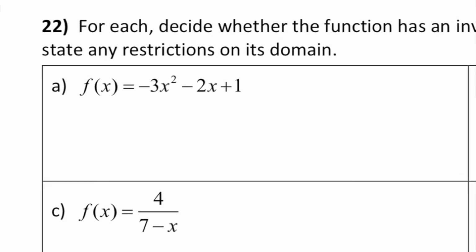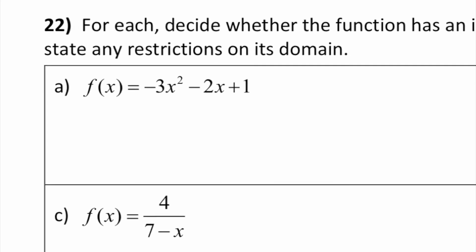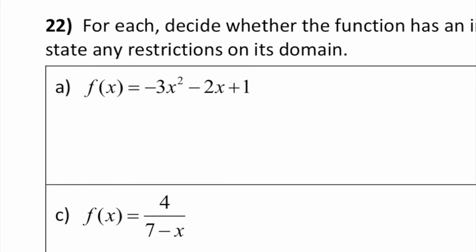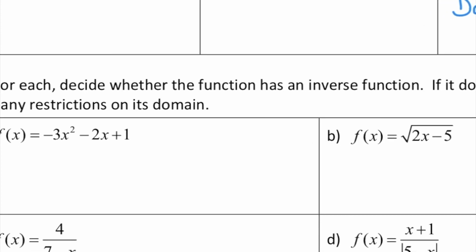So there. Hopefully what I'm going to do is put a picture of the graph inside of the picture of this video, so that I can look at whether the graphs are one-to-one. And I just want to point out that where it says here to decide if the function has an inverse function, the key is everything's going to have an inverse.